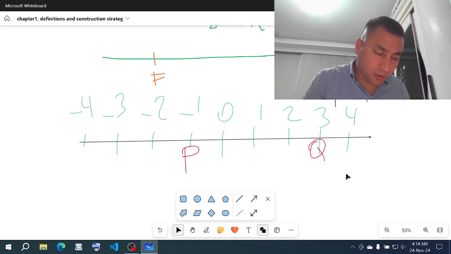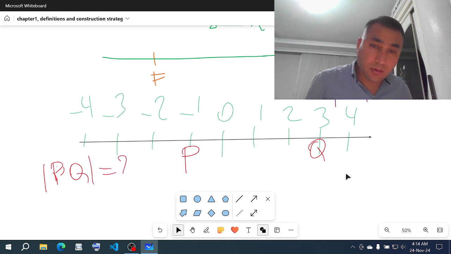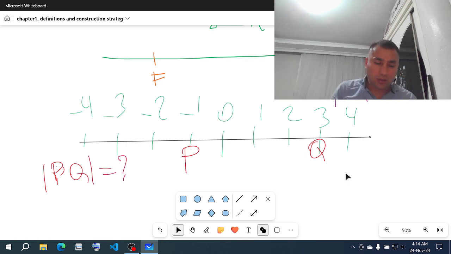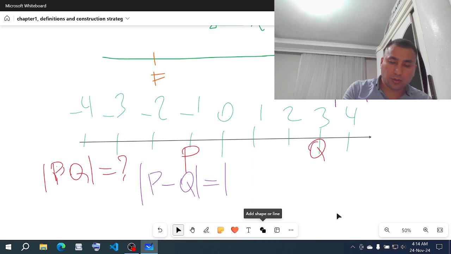What's the distance between P and Q? So how would you do that? You take the absolute value, so it's like this: absolute value P minus Q, or you can say it both ways, Q minus P, because you take the absolute value.